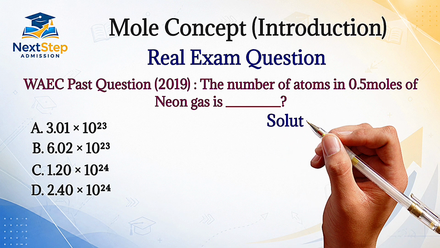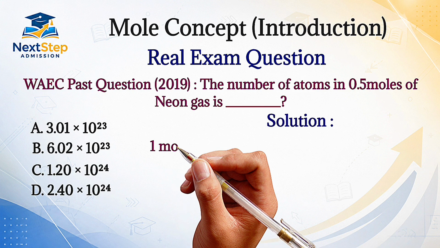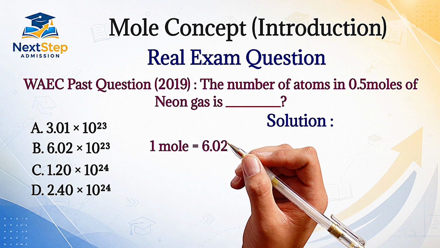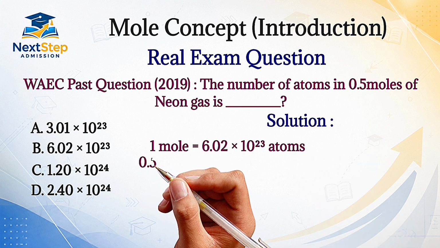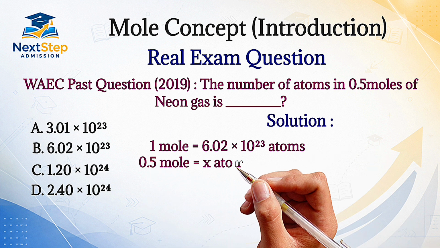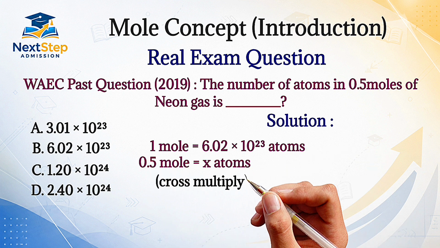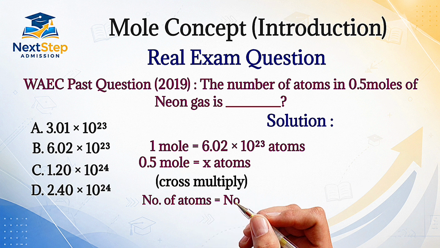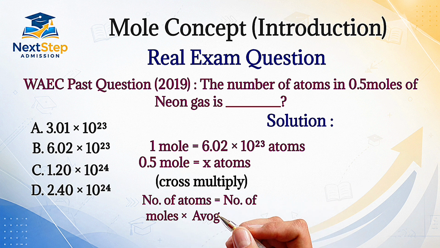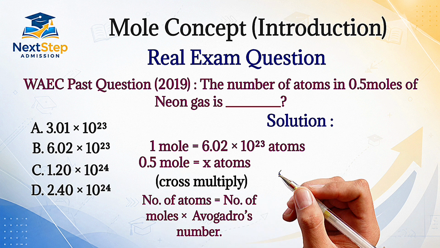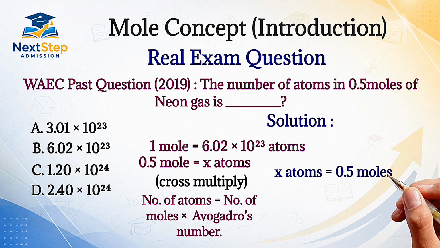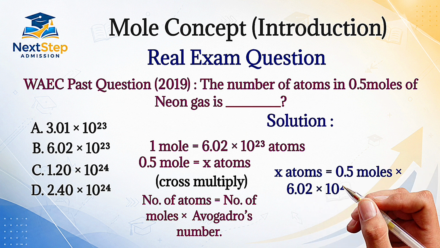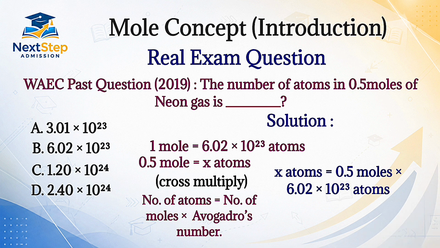All right, let us solve this step by step. We know that 1 mole contains 6.02 times 10 to the power of 23 atoms. So if we have 0.5 moles, we simply multiply. Number of atoms equals number of moles multiplied by Avogadro's number. Number of atoms equals 0.5 multiplied by 6.02 times 10 to the power of 23.